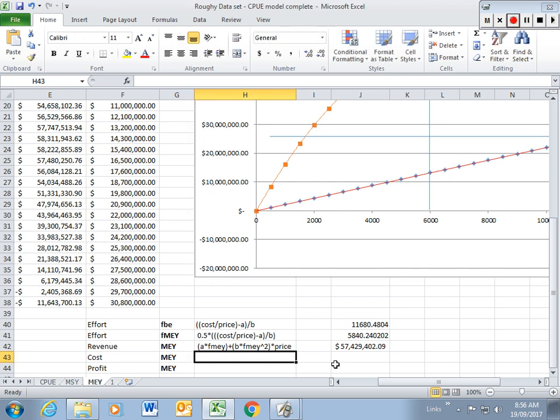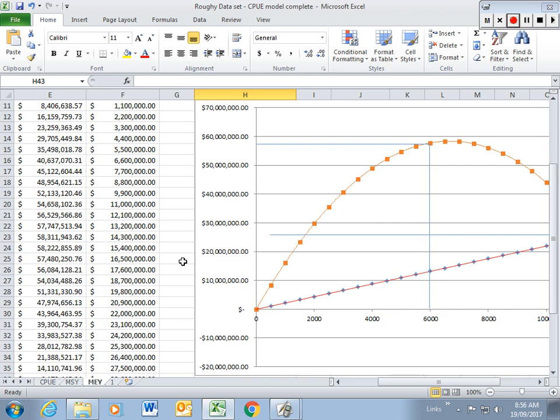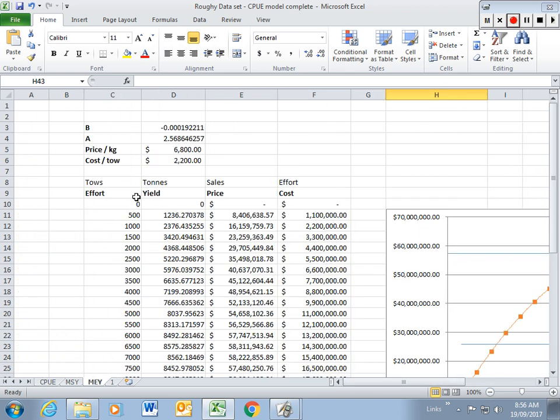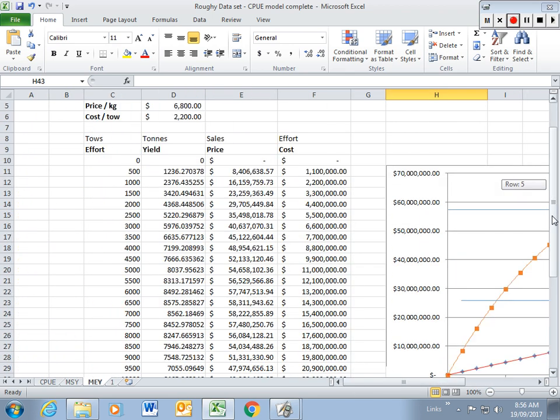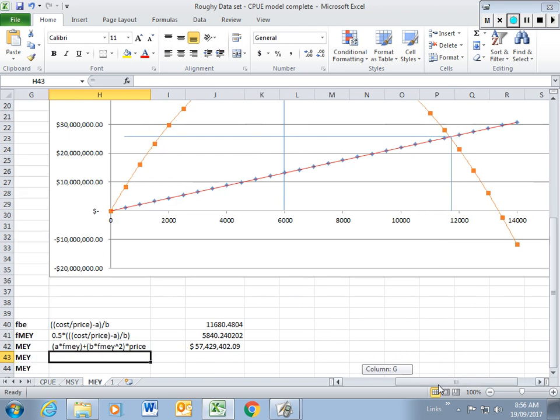formulas at the moment. So to establish what the costs are worth, it's basically just the cost that we have per level of effort, so $2,200 per tow, multiplied by the effort at MEY. So if we just write it out, it's going to be cost multiplied by FMEY, the level of effort used to take the MEY.